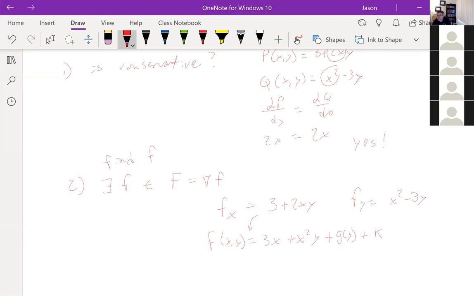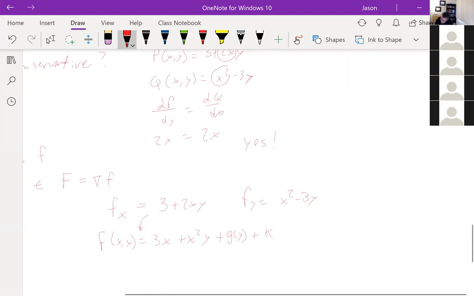So how did I get this? I did the partial integration of x, of f sub x. Okay, let's do the partial integration of f sub y. We're basically trying to solve a puzzle, like what is the parent function that will give me these partials?